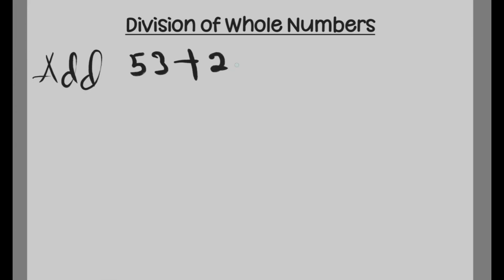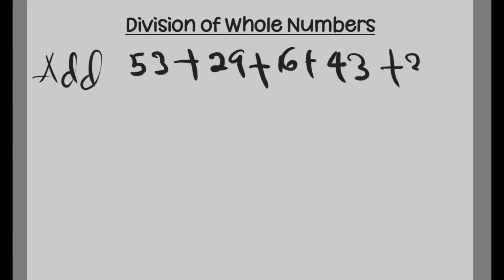So we're doing addition. That's what we're doing right now, okay? So we're gonna add 53 plus 29 plus 16 plus 43 plus 35. So that's what we're going to do.